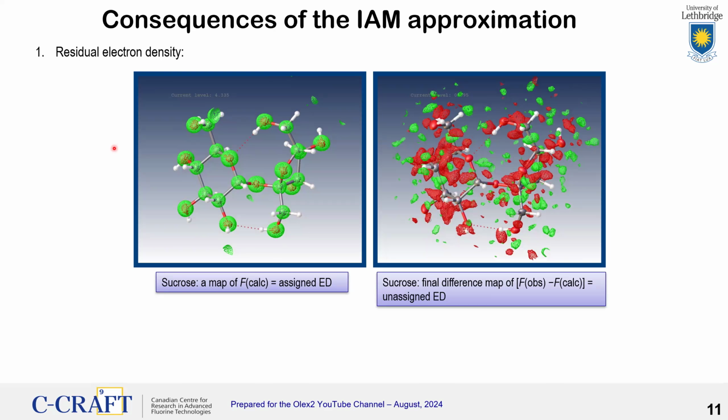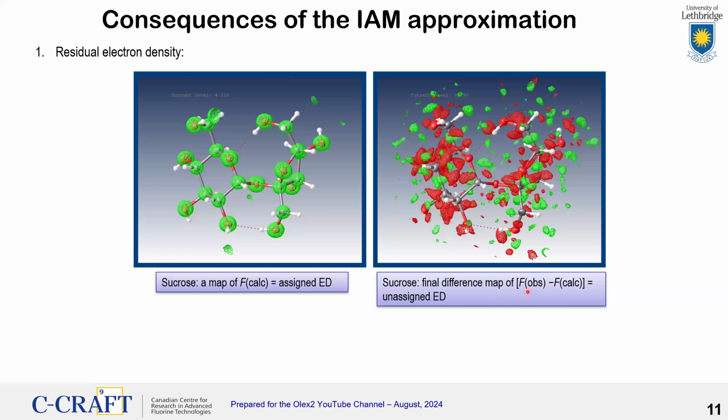But the atoms have other electrons, some involved in chemical bonding, others involved in lone pair structures, and when you ignore those, there will have to be residual electron density. That residual electron density will be both positive, where there is unassigned electron density, and negative, where we have over-assigned the electron densities because you don't have the full charge on those atoms that we've assigned to it.